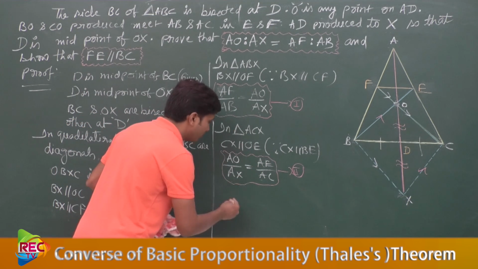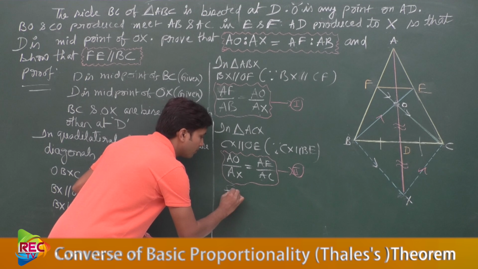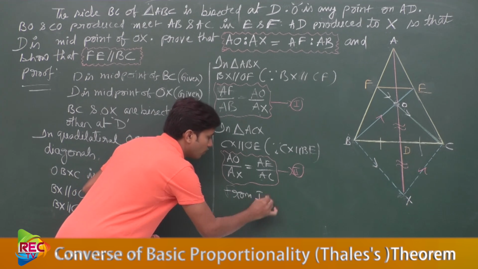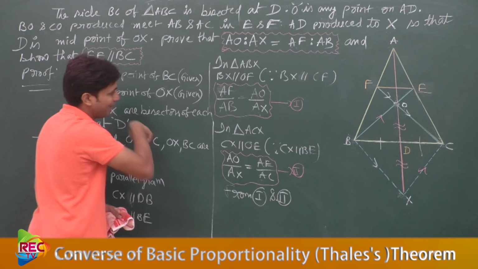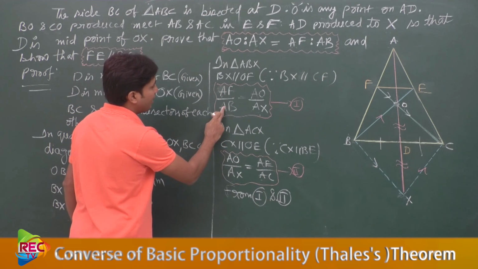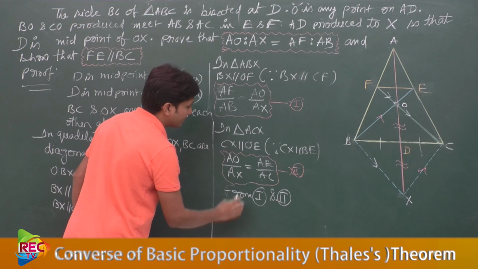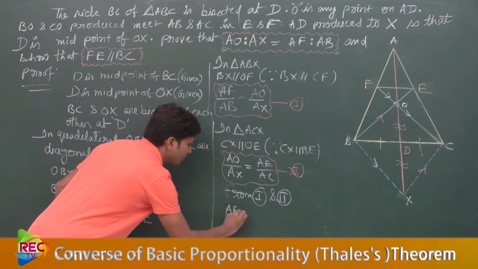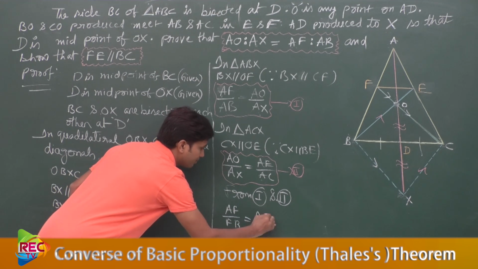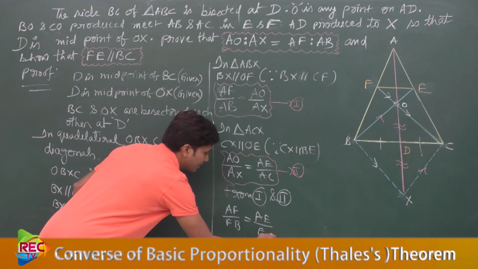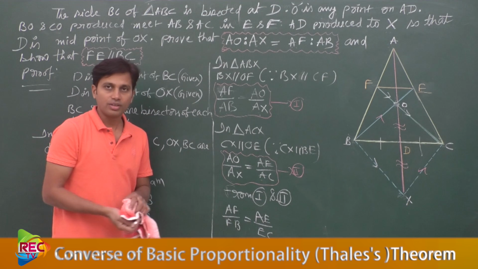So from 1 and 2, what can we say? Here AF by AB equal to AE by AC. This you got or not?